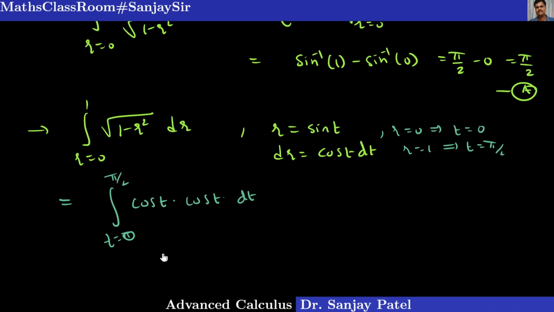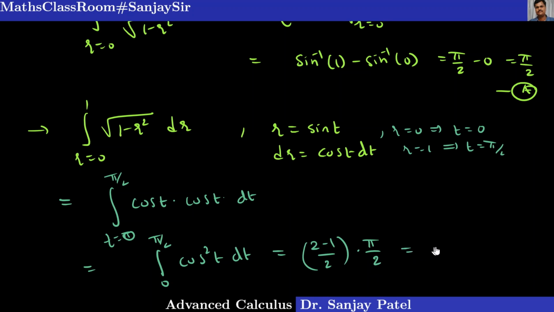So integral 0 to pi by 2 cos square t dt, and we can use the reduction formula. So it is n minus 1 upon n, okay, into, since it is even, into pi by 2. So that is 1 by 2 into pi by 2, means it is pi by 4. So this is my second result.